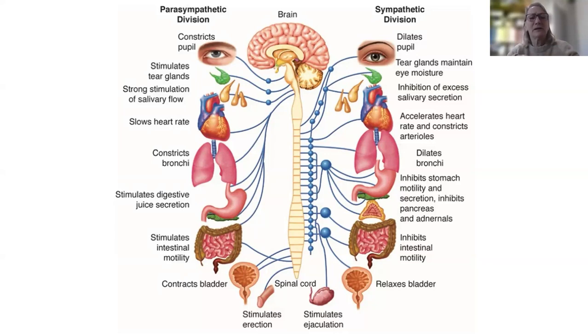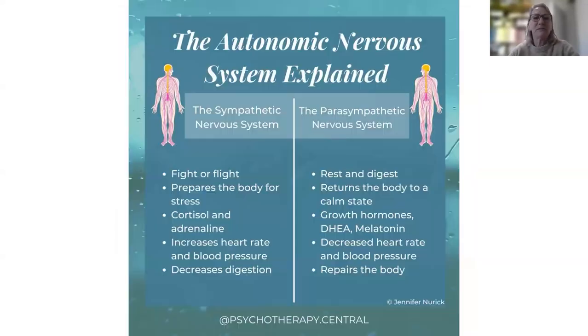The parasympathetic slows your heart rate in a relaxed state, whereas the sympathetic accelerates the heart rate and constricts our arterioles, which are our most distant little blood vessels, to make sure that the blood moves away from extremities and into the vital organs where it'll be needed, etc. So as you can see, they're totally opposing, and they're always acting together in sync to maintain our body systems.